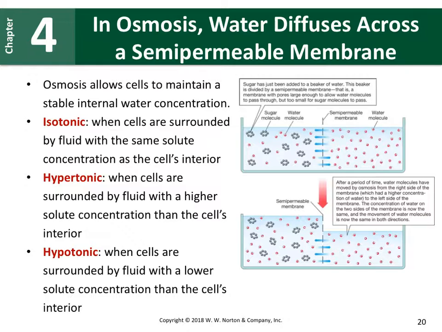Cells that are surrounded with a solute of higher concentration than the cell's interior are called hypertonic. So water is going to flow out of the cell, versus when the concentration is higher inside the cell, then it's hypotonic, and the water will flow into the cell.